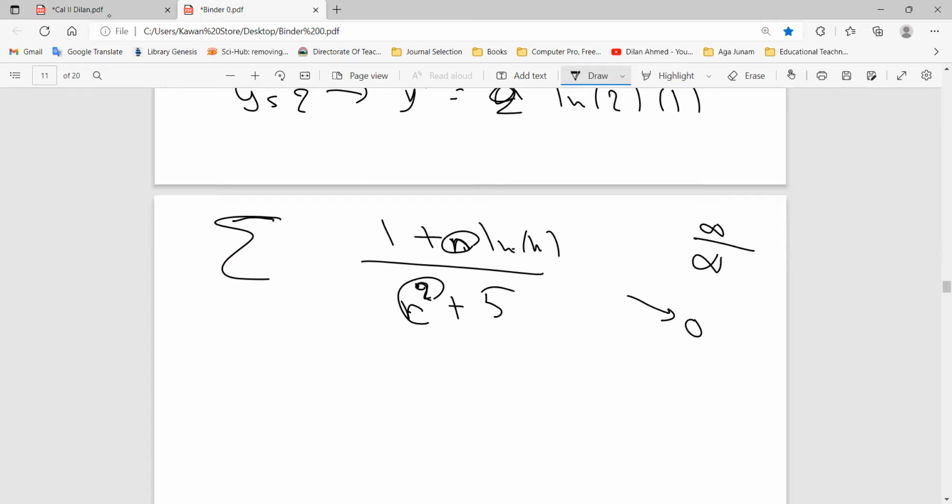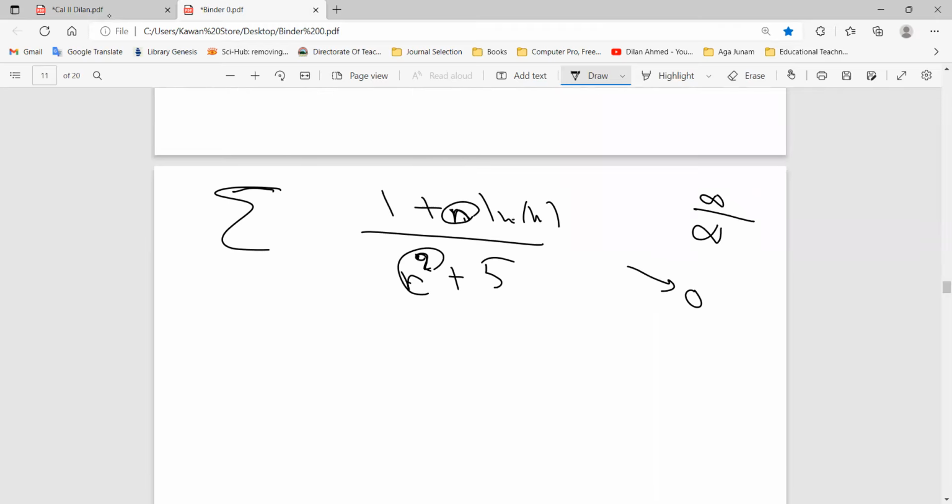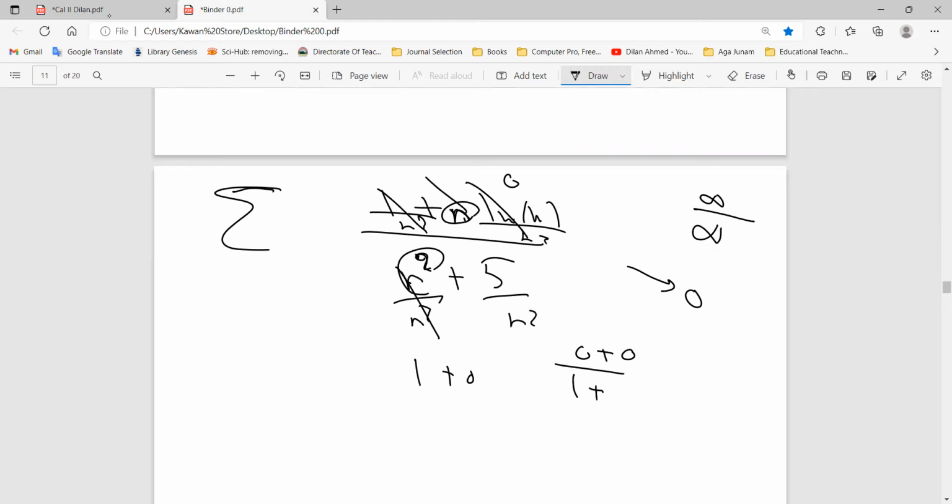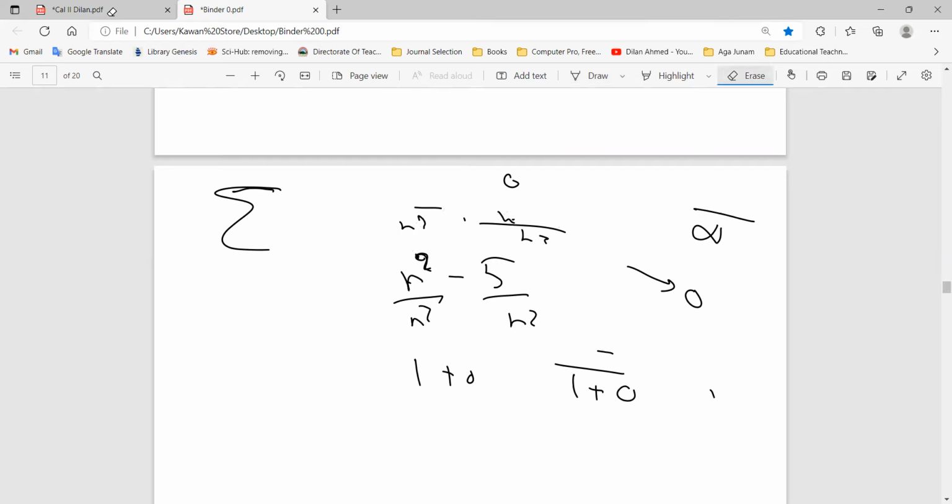You know why? Look, we divide by n squared each term. That one will be 0, that one will be 0 again, that one will be 1, 0. So I get 0 plus 0 over 1 plus 0, which is 0. So the nth term test is inconclusive.